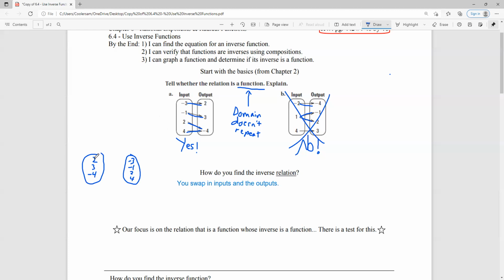Where -1 goes to 3, this goes to this. 2 goes to -4, so this one will go to these 2. So basically these would be inverses of each other.